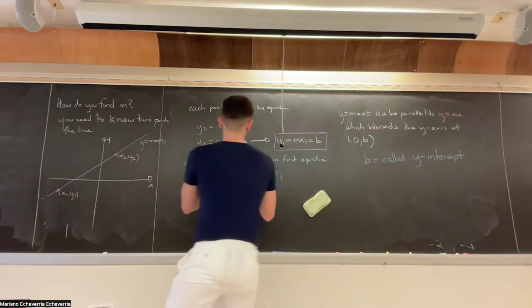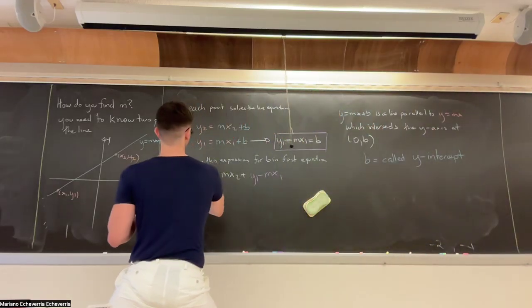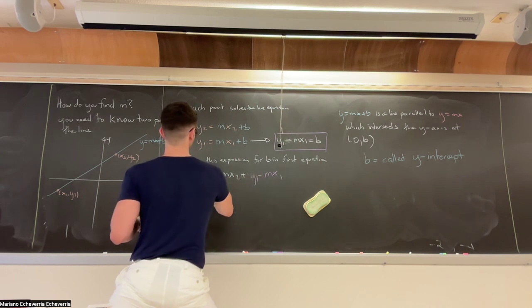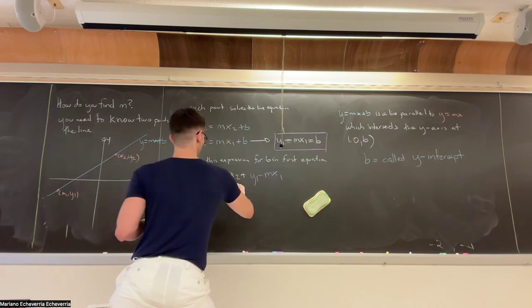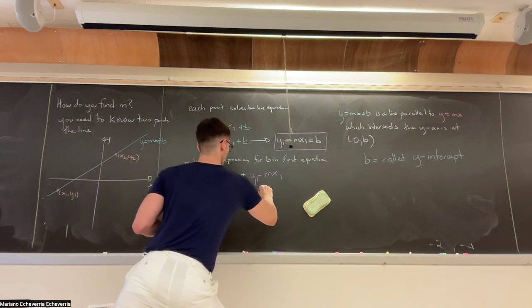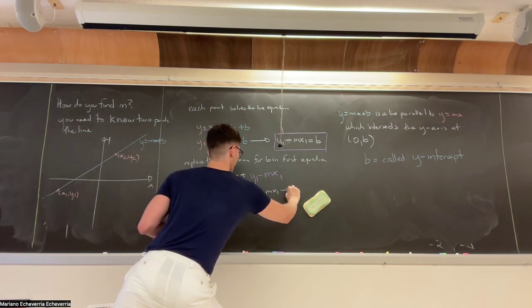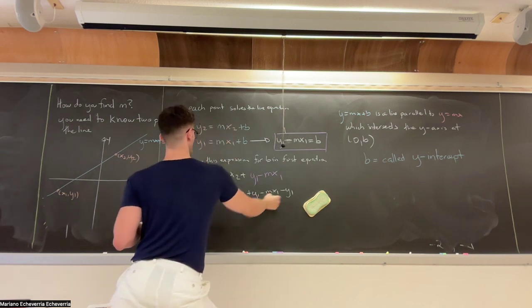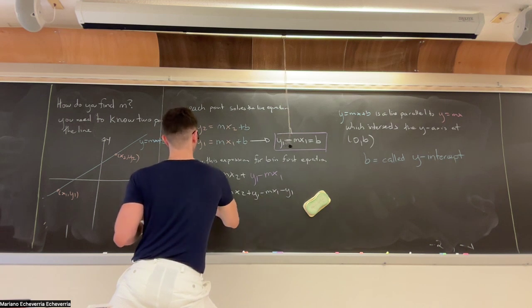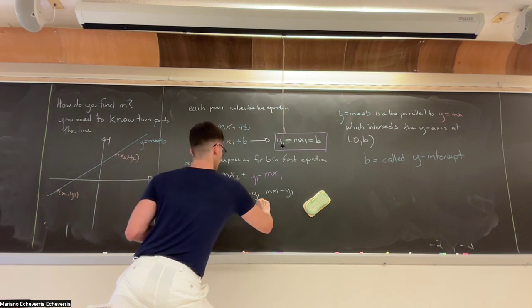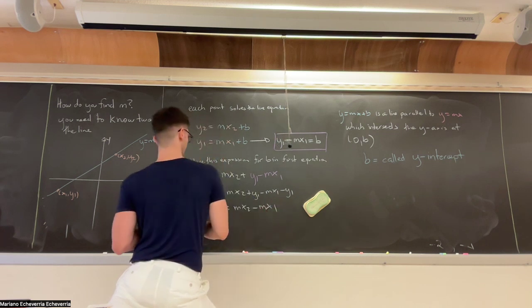One way to solve for m is to subtract y1 on both sides, so that these two go away. And so you get y2 minus y1 equals m x2 minus m x1.